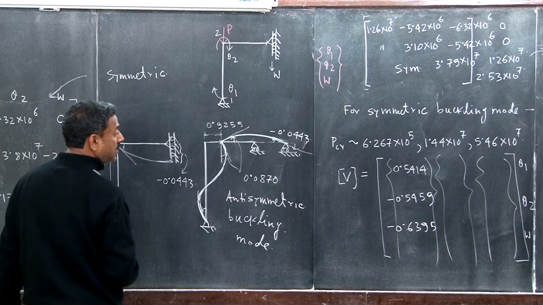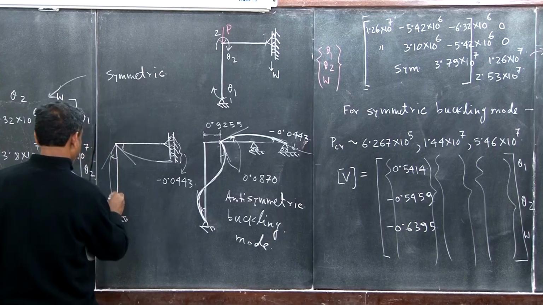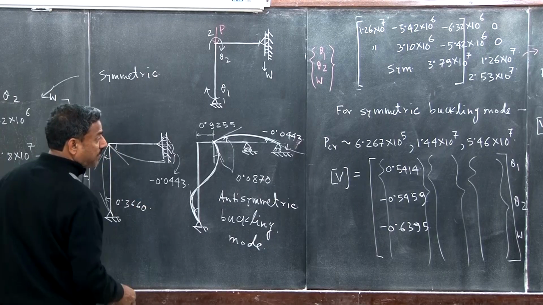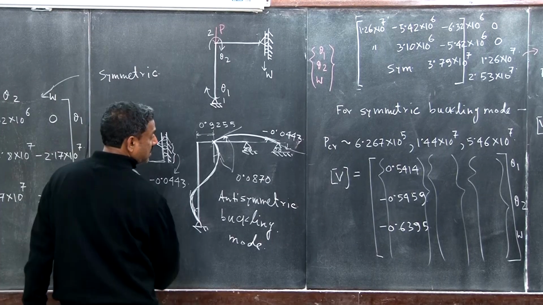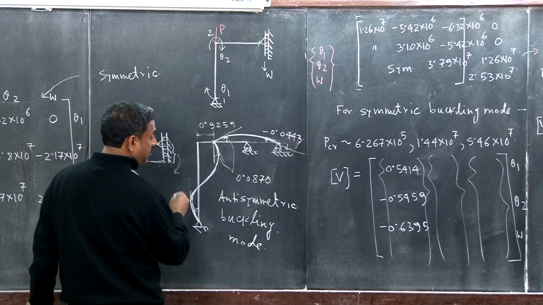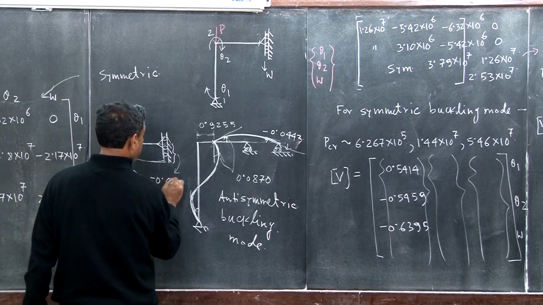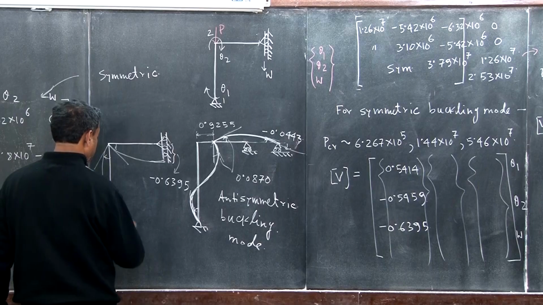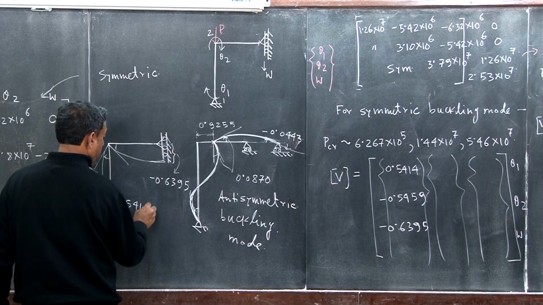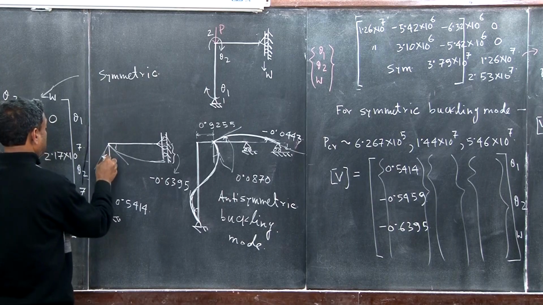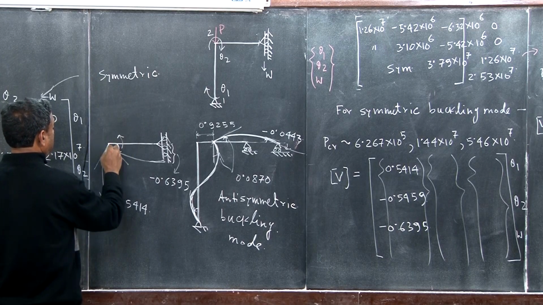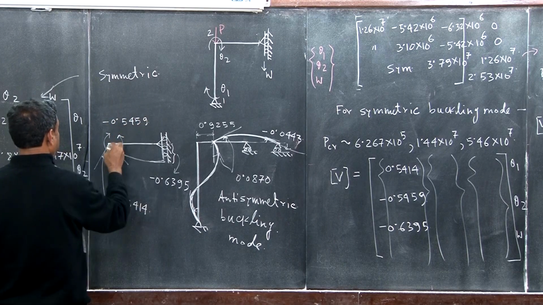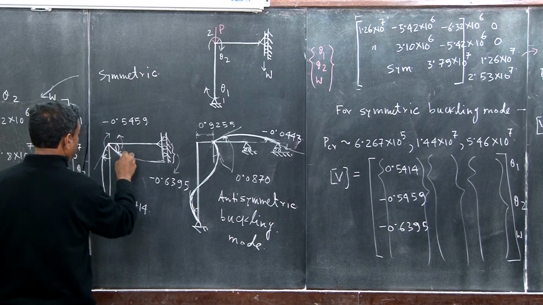This is minus 0.6395. This one is 0.5414, and this one is negative. This one is clockwise, and this value is minus 0.5459. Okay, so something like this.